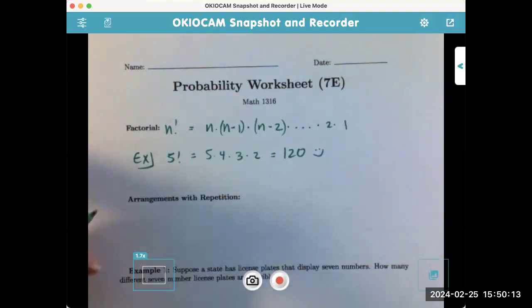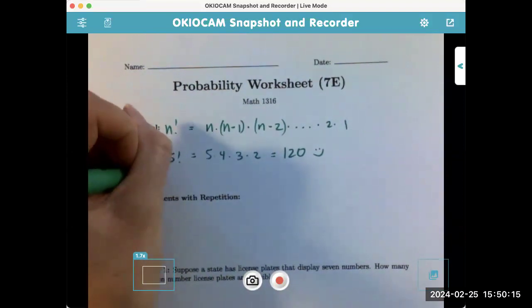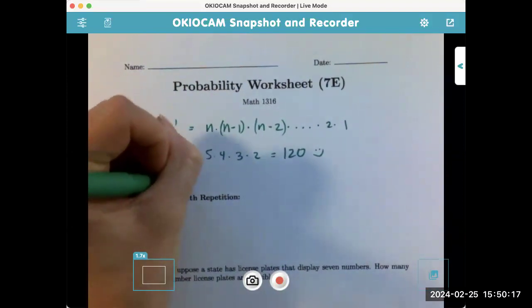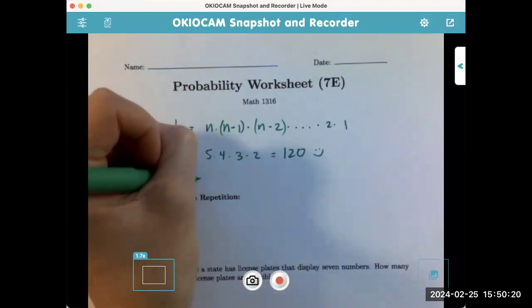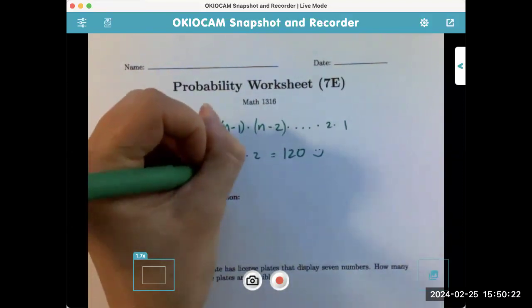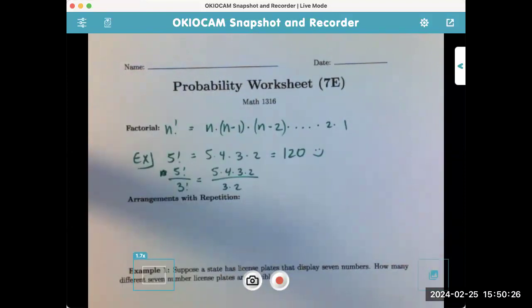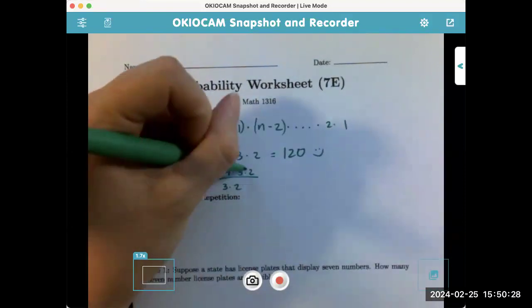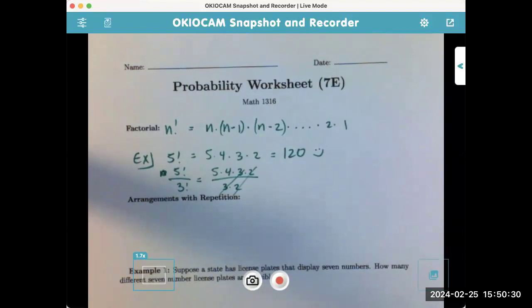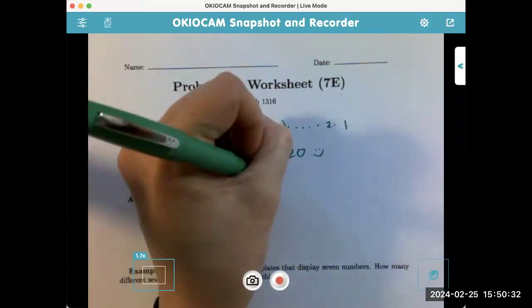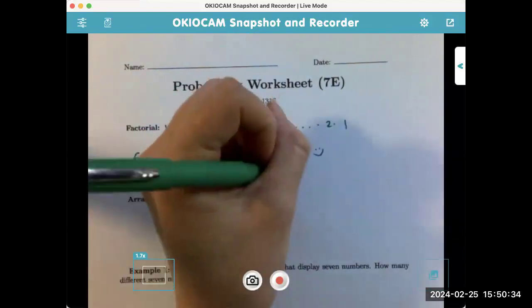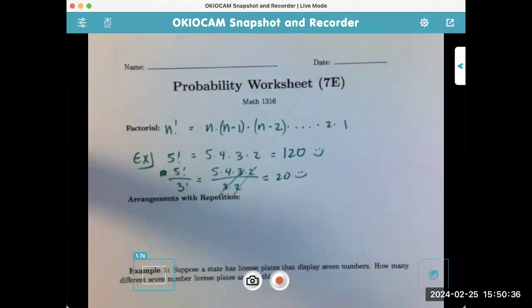If I have 5 factorial divided by 3 factorial, well, then you do the expansion first, and then you do any reducing. So that is just 20. If you have any division with factorials like that, you do the expansion first and then reduce.